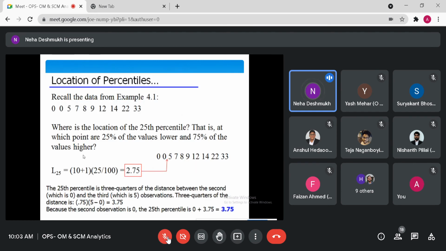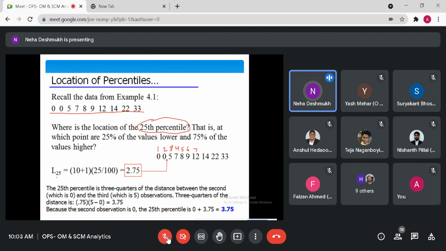Now let's discuss one example. Suppose this is the data. This is our data set, right? First, we have to arrange the data into ascending order. Now we want to calculate the value at 25th percentile. Arrange the data. This is the first position, second, third, fourth, fifth, sixth, seventh, and so on.